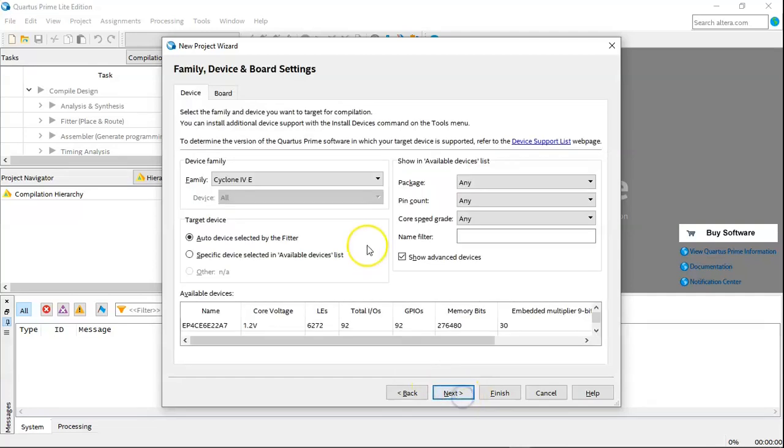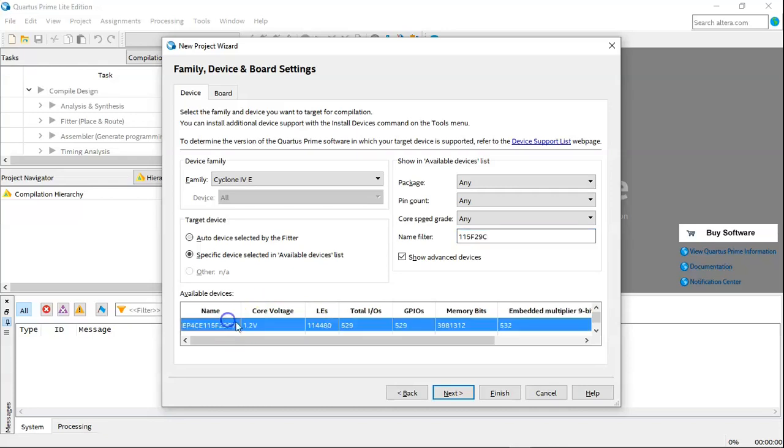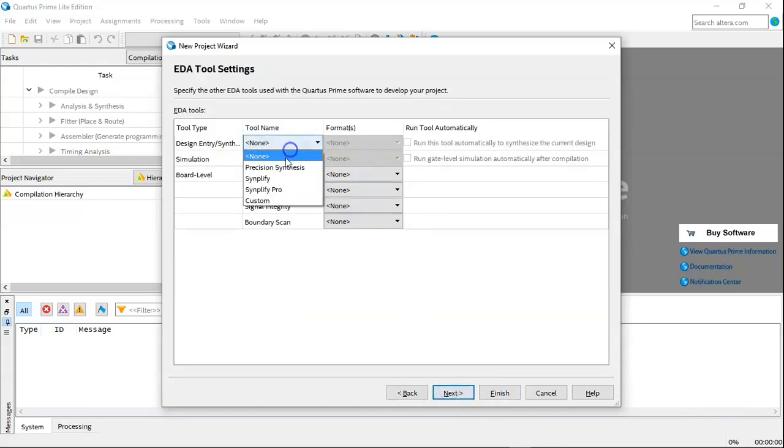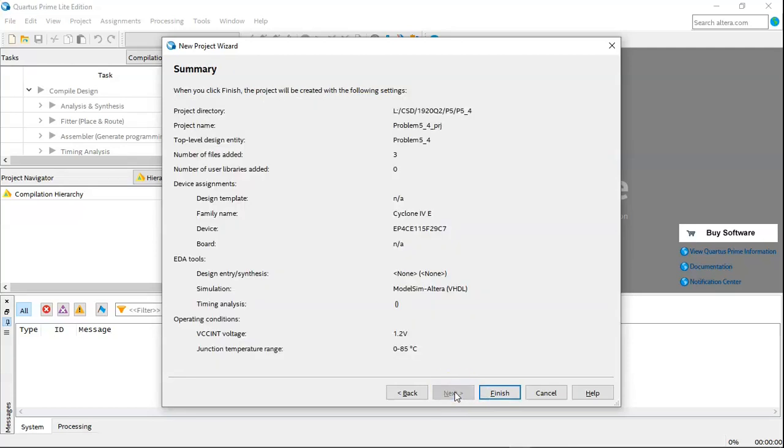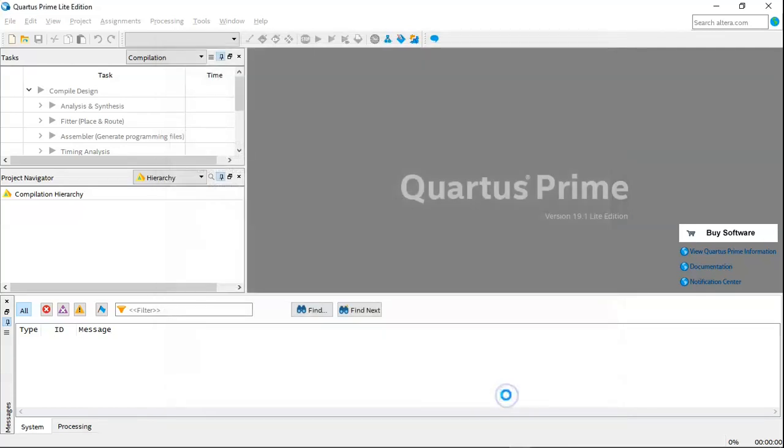So say next. So let's pick up the Cyclone as usual, 115 F29 C7. Next. The simulation tool is going to be as usual, and the language VHDL. Next. And so finish.